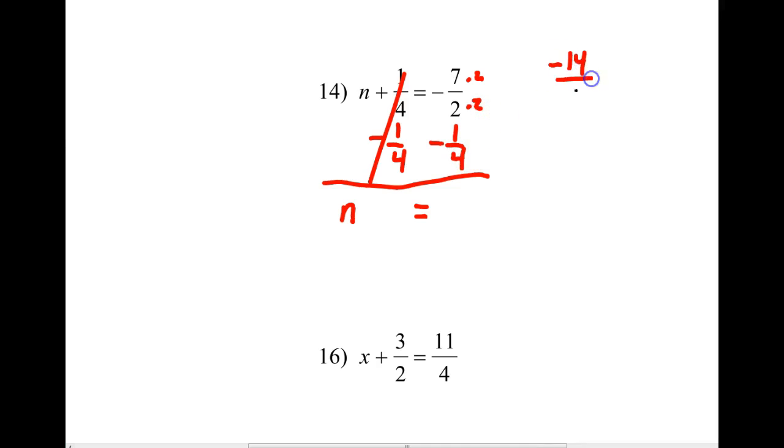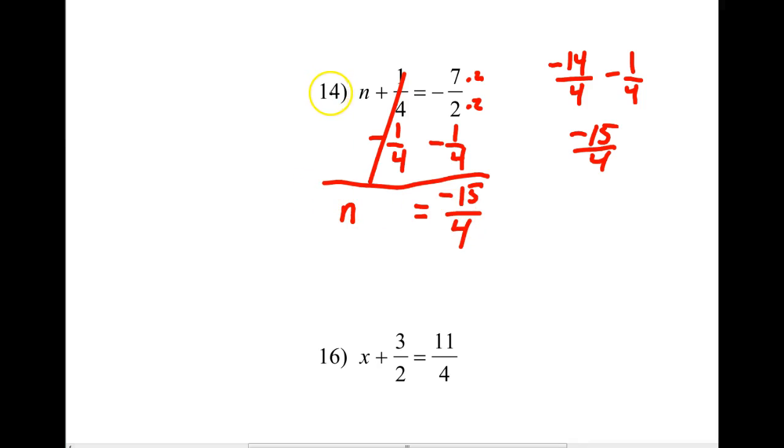Negative 14 over 4 minus 1/4. Negative 14 minus 1, negative 15 fourths. And that doesn't reduce, so I'm done with that part.